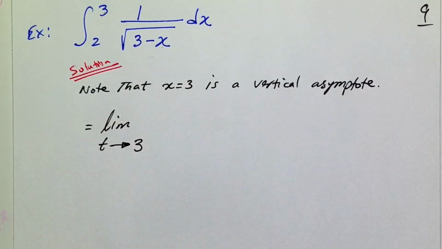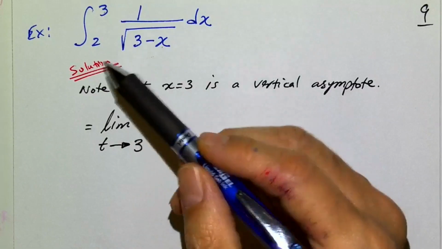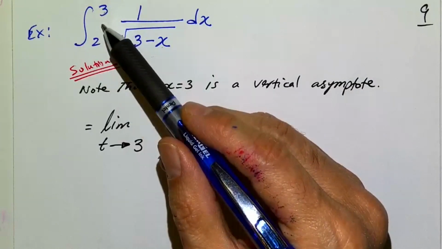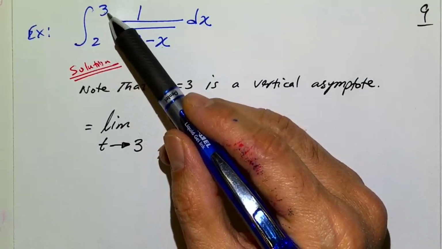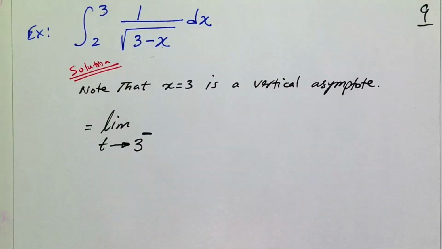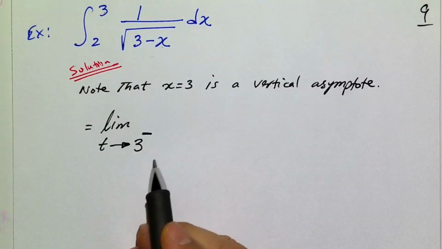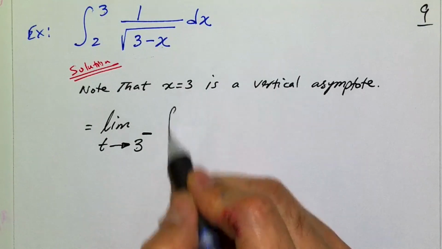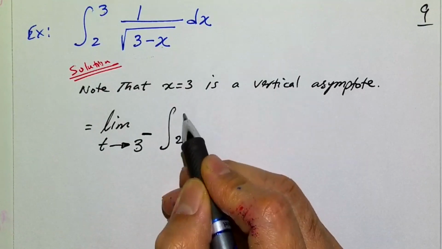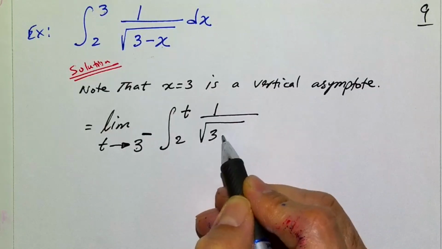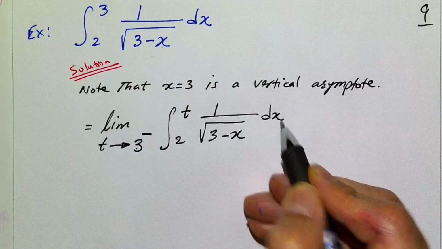Now from the right or from the left? Notice the interval of integration. The only way we can approach 3 is from the left. So we take the limit as t approaches 3 from the left of the integral from 2 to t of 1 over the square root of 3 minus x dx.